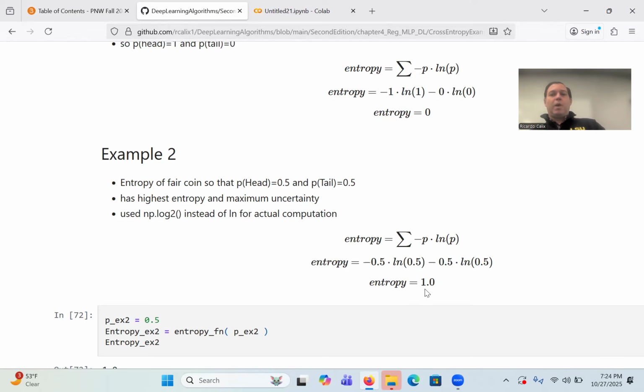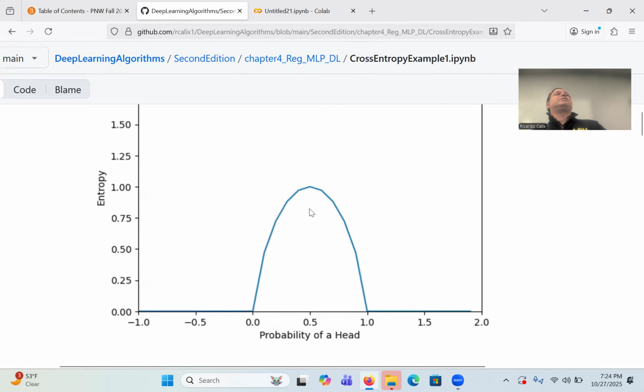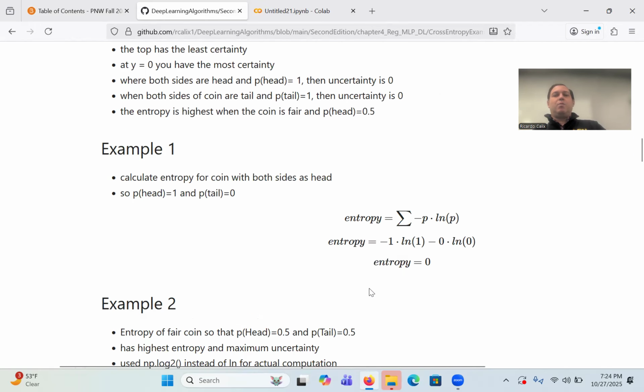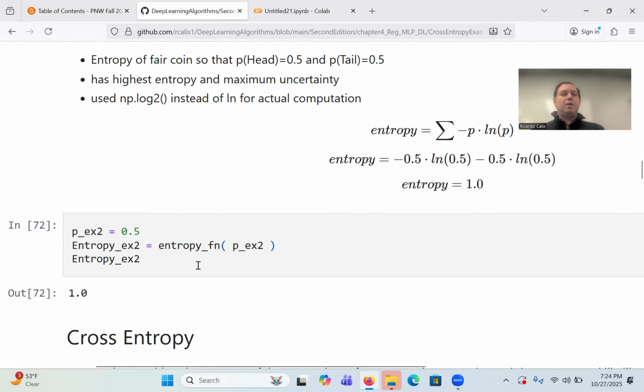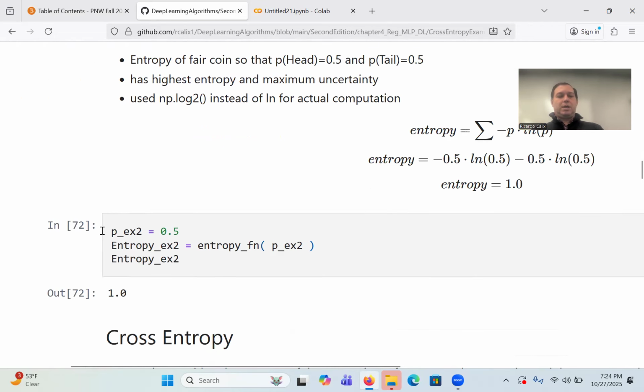So yes, when we have this situation, entropy is 1, which means we have the most uncertainty, which ties into this. And when it's certain that one tail is 1, then entropy is 0. Make sense? All right, perfect. So we've established those two examples. And here, let's try out computation.